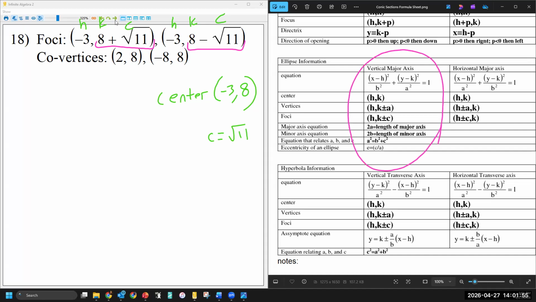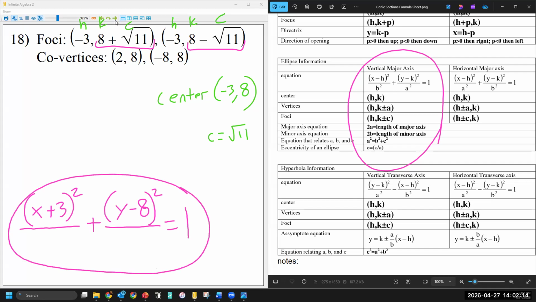I'm going to go ahead and write out the answer, or at least what I found. I know this is x minus -3, so x plus 3. No, it's y minus 8. We'll go ahead and circle it. All right, so next I need to find the b. The b is going to be from the vertices.